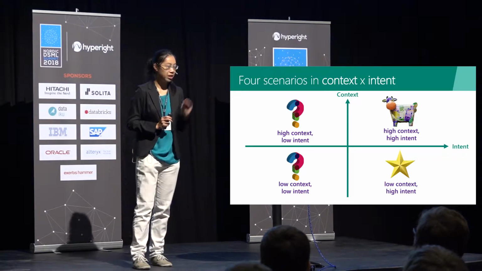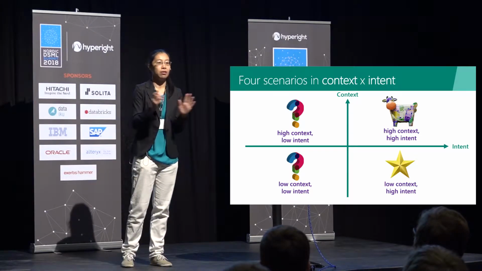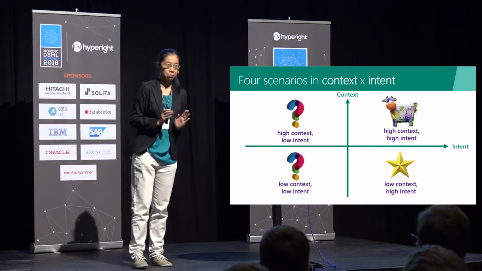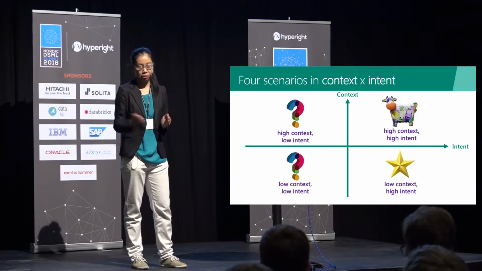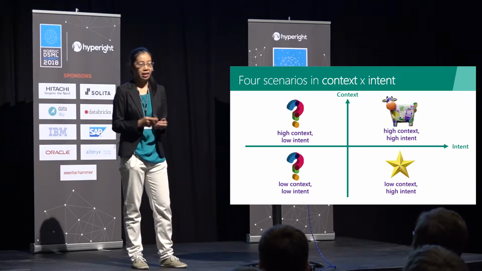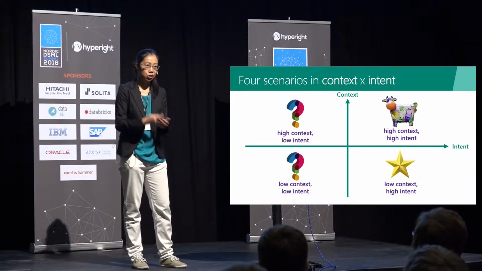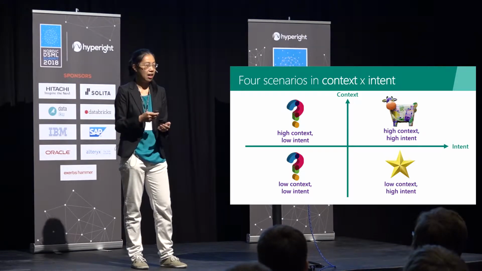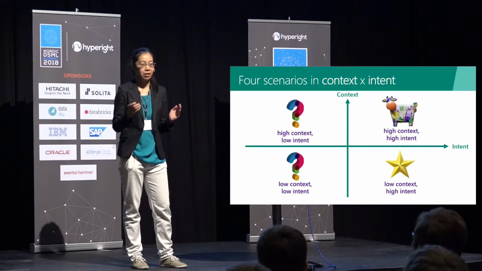A good example here is a repeating user. Let's assume you have an e-commerce website. You have a repeating user who has bought a lot of things from you, so you know their intent and their history. Now they come to your website, searching for something like, I want a new iPhone MX in black color.